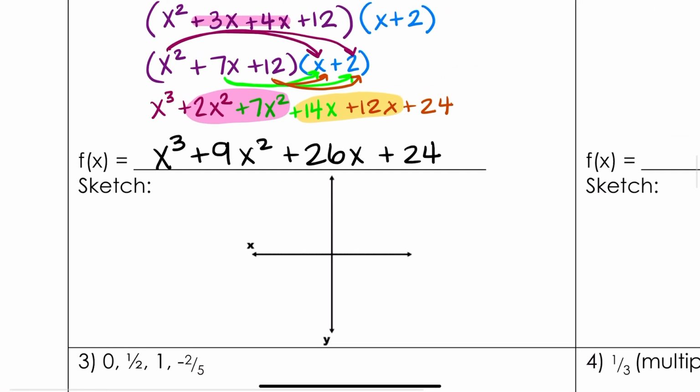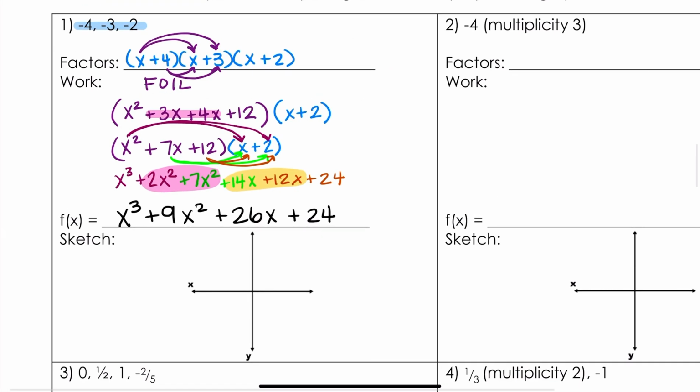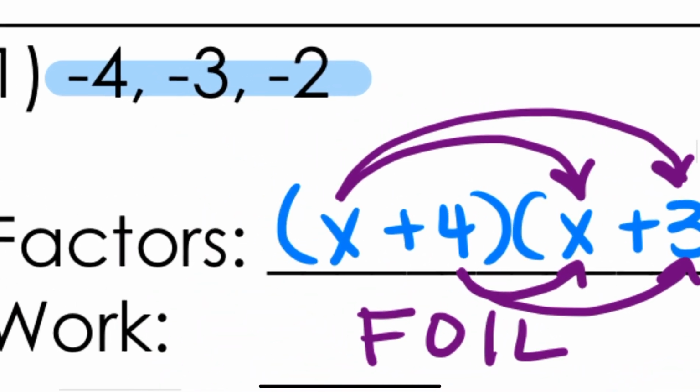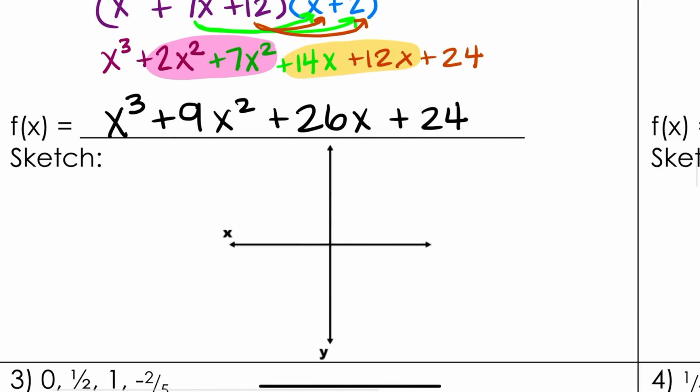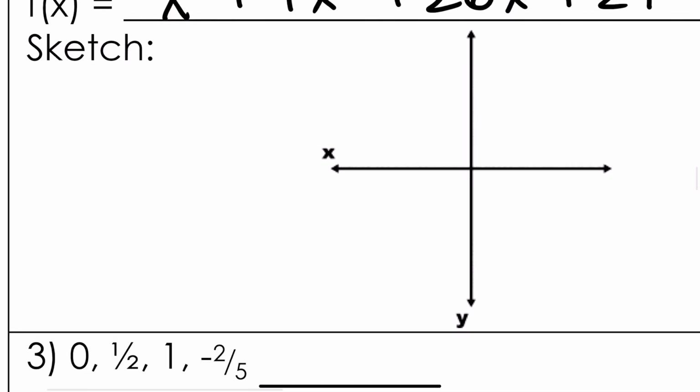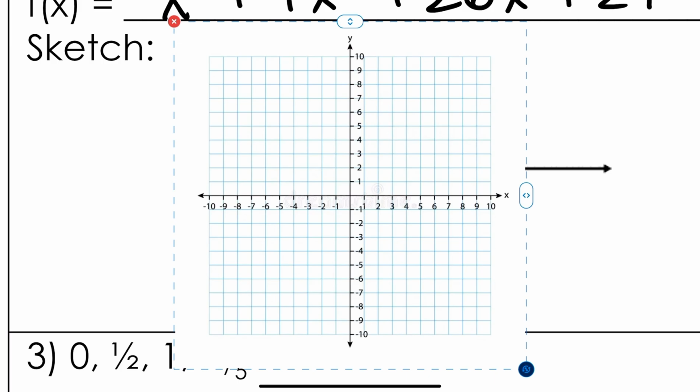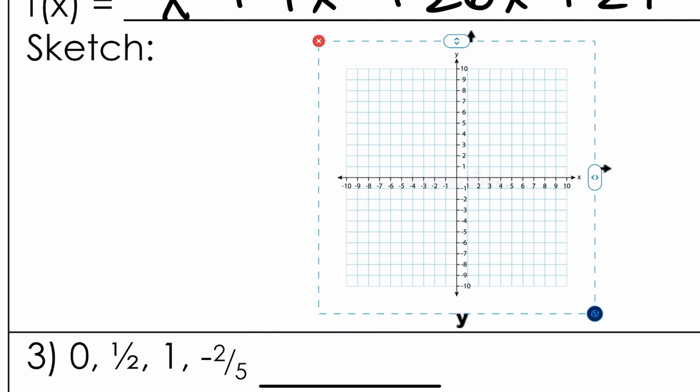Now, in order to sketch the graph, let's go back to the beginning. We know that the zeros were -4, -3, and -2. So the first thing I'm going to do is plot the zeros on the graph. I'm going to use another graph here that actually has numbers on it.